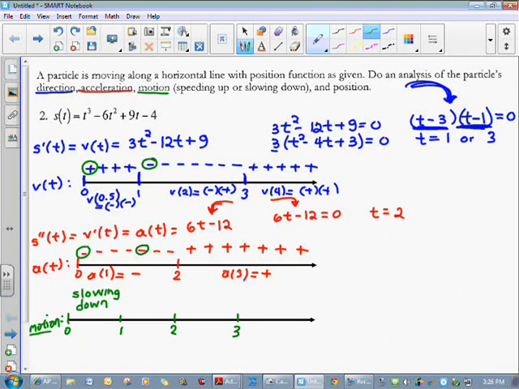Now, in this situation, if velocity and acceleration are the same sign, thinking that we're moving to the left, our particle is moving to the left with this negative acceleration, it's like a force that is pulling upon our particle, making it go even more so towards the left, and thus it actually makes the particle speed up. So you would say speeding up on the interval 1 to 2.